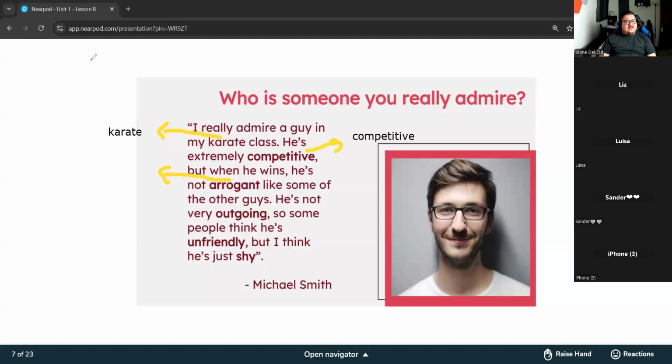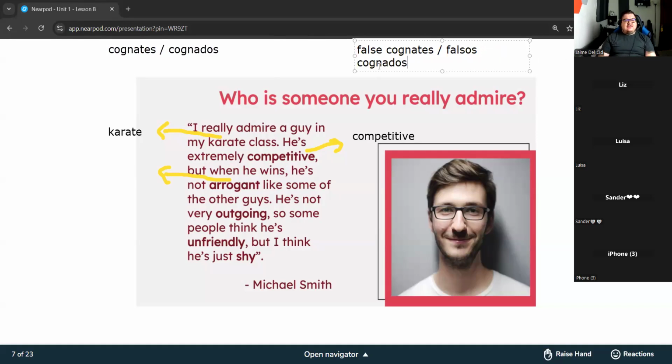Estas palabras se llaman cognates. Cognates son cognados. That's in Spanish. Cognados. Y están los false cognates. Falsos cognados. En inglés tenemos ambos.